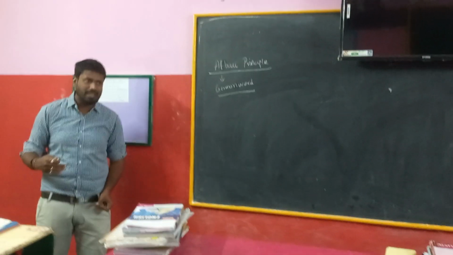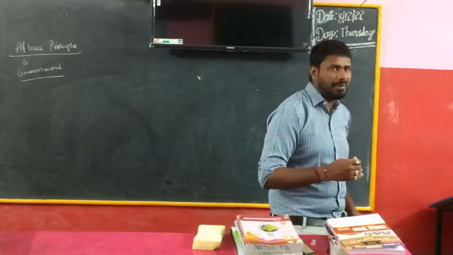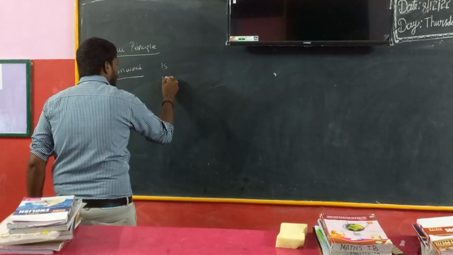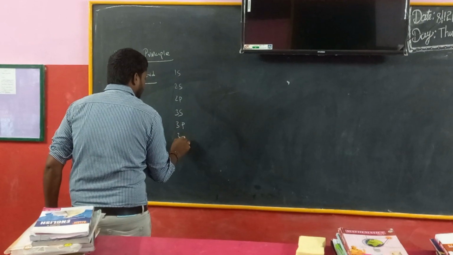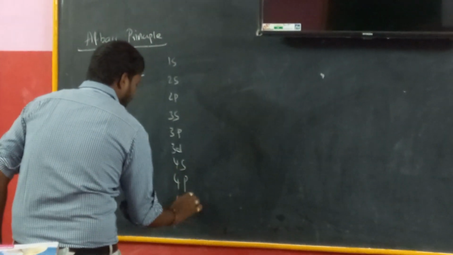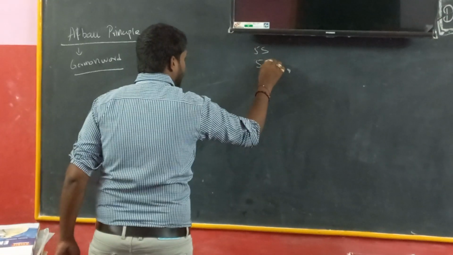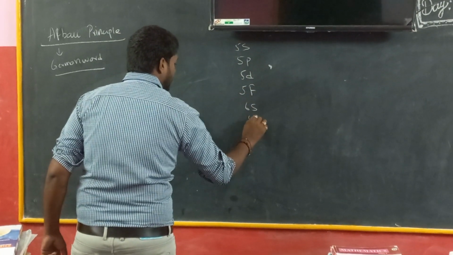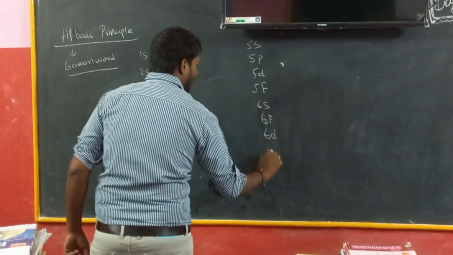Let me show you the sequence. The filling of these orbitals is based on the n plus l value. Let us calculate for 1s, 2s, 2p, 3s, 3p, 3d, 4s, 4p, 4d, 4f, 5s, 5p, 5d, 5f, 6s, 6p, 6d and 6f.